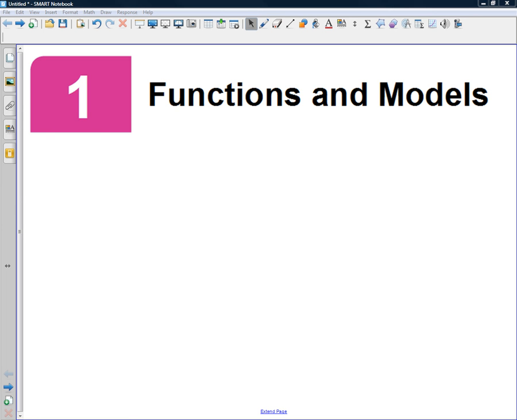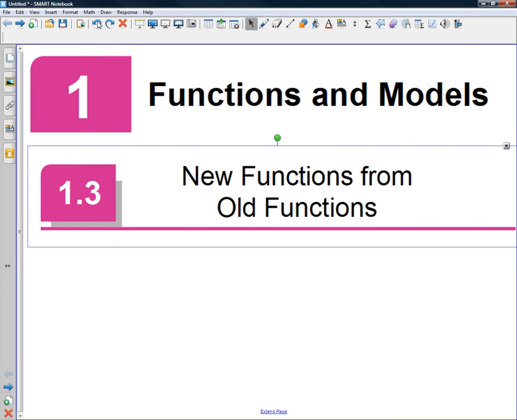So in this particular section, we're talking about functions and models in chapter 1, and more specifically in section 3, we're talking about getting new functions from old functions. And to me, that's a little misleading.